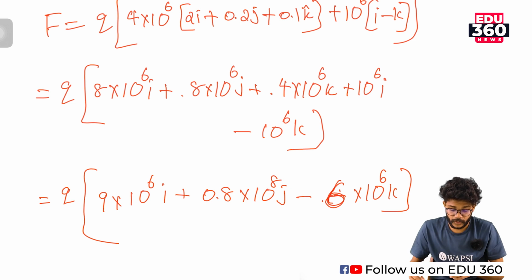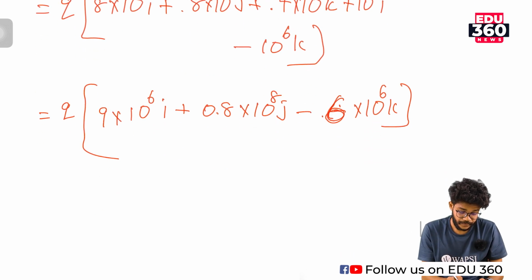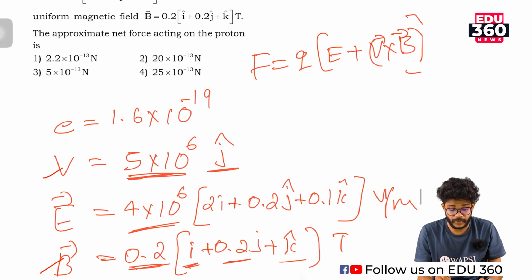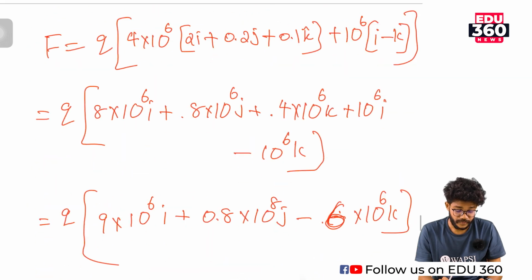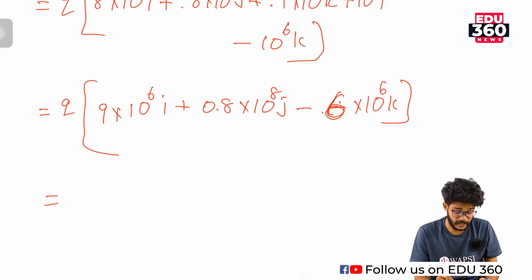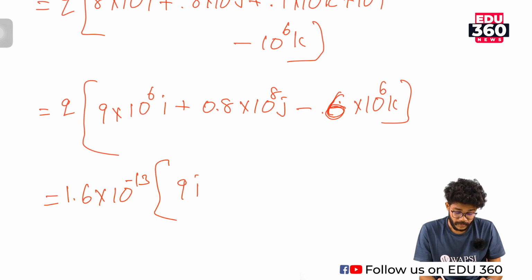In all these quantities we can take 10 raised to 6 outside. Okay, and what is q? q is nothing but 1.6 into 10 raised to minus 19, multiplied by 10 raised to 6. So 1.6 into 10 raised to minus 13 inside the bracket 9i plus 0.8j minus 0.6k.